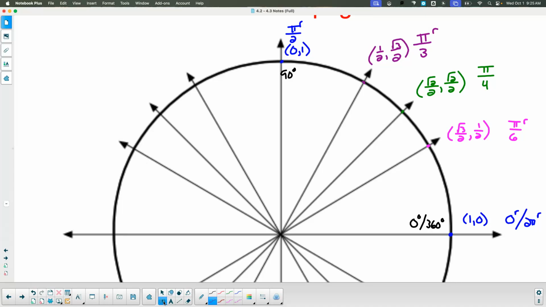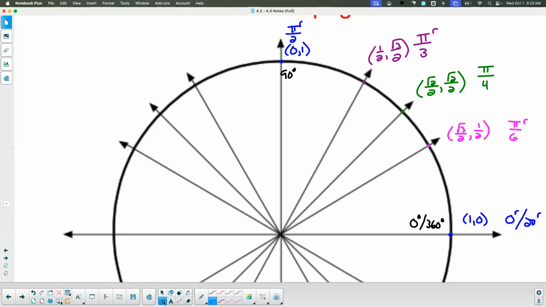Here's how I memorized it. I started with the y's. Actually, we can start with the x's. 0, 1, 2, 3. 0, 1, 2, 3. Okay? So 0, 1, 2, 3 work in both ways. Really, you could memorize it as the square root of 0 over 4, which is 0.